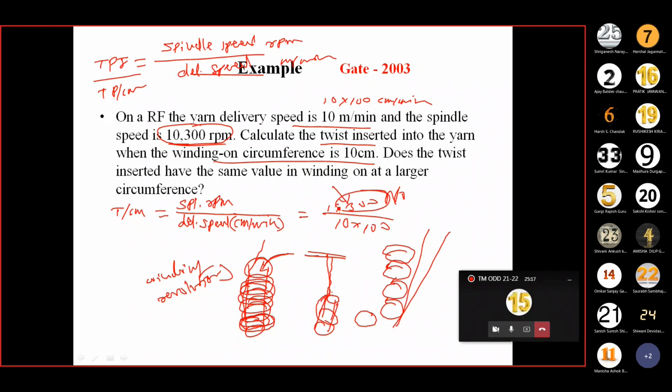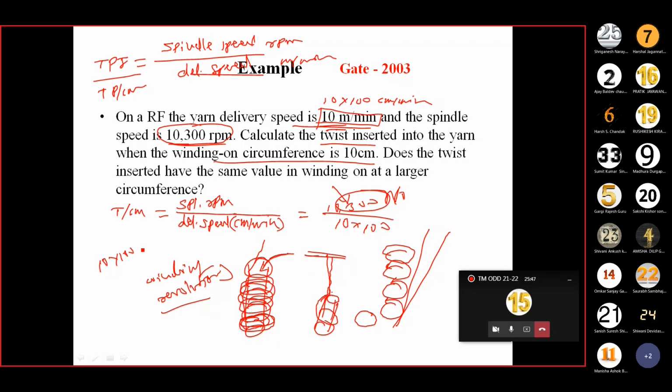Now, how will you calculate the winding on revolutions? Simple. In a minute, we are delivering 10 meters.